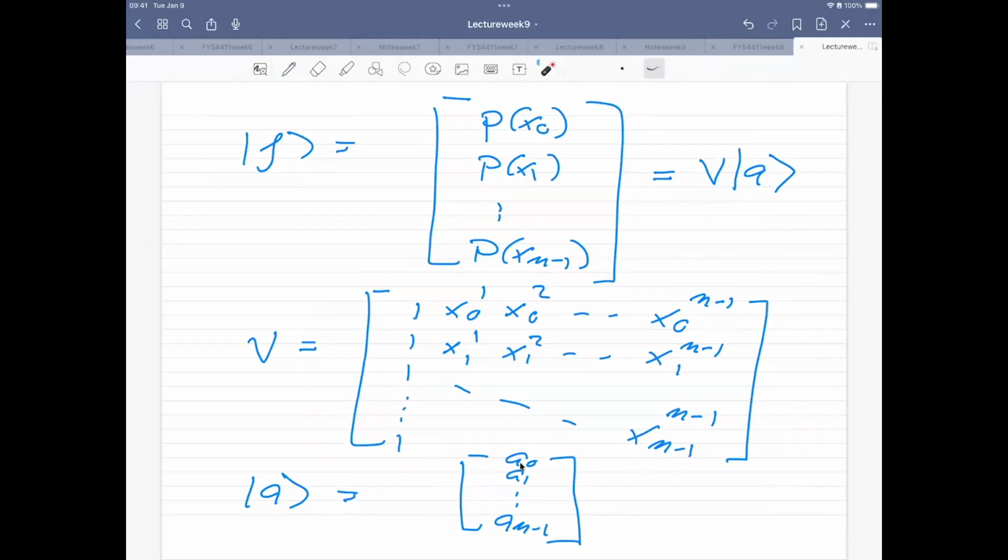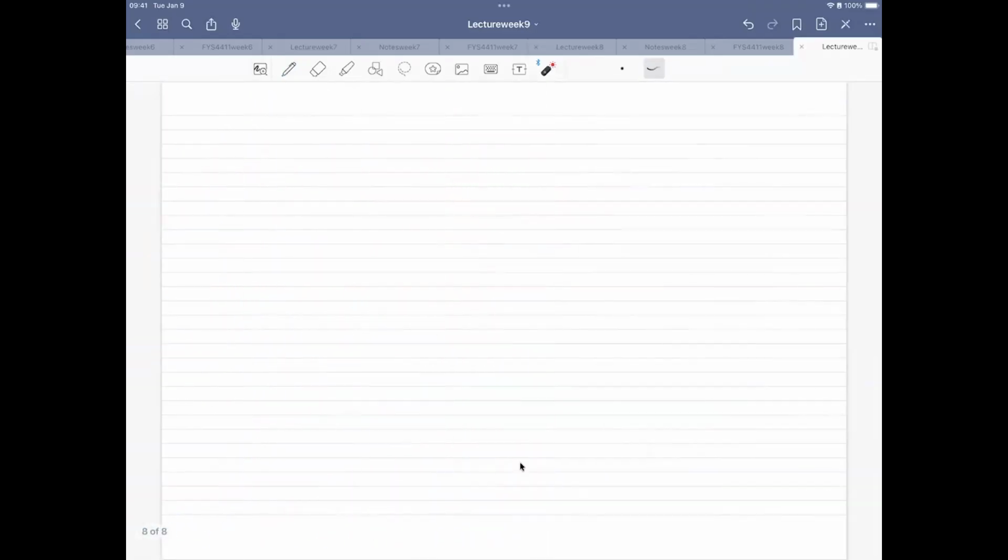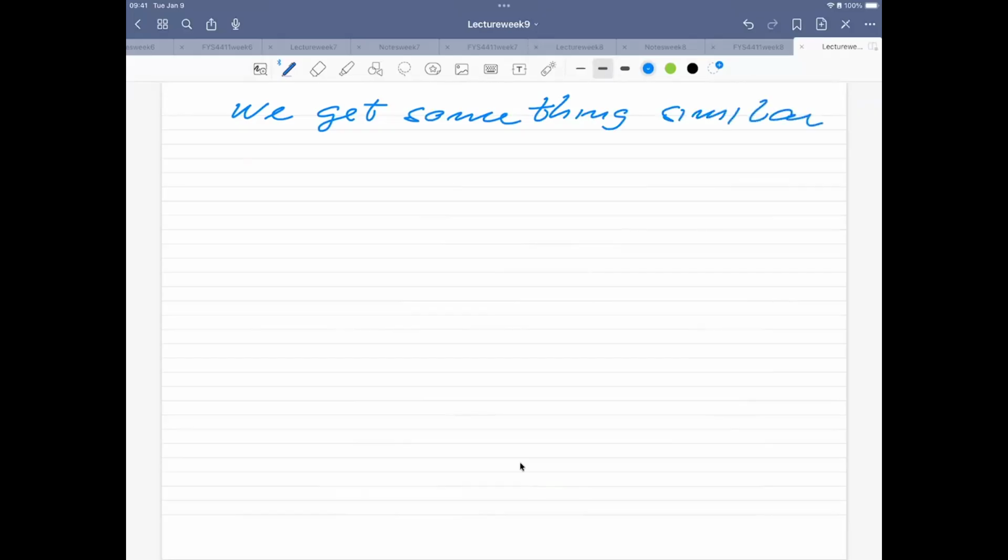If I look at my DFT, I get something similar. So I'm just going to set up these different coefficients with the discrete Fourier transform.